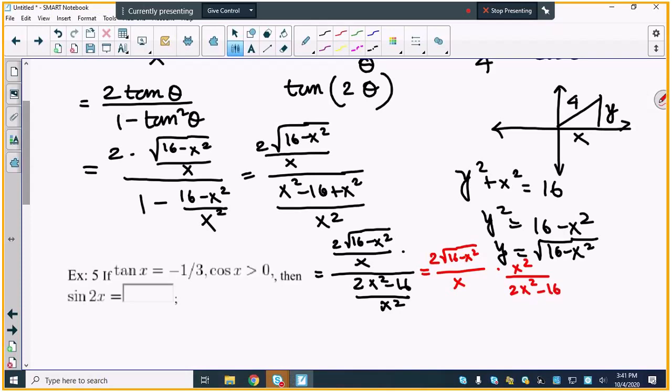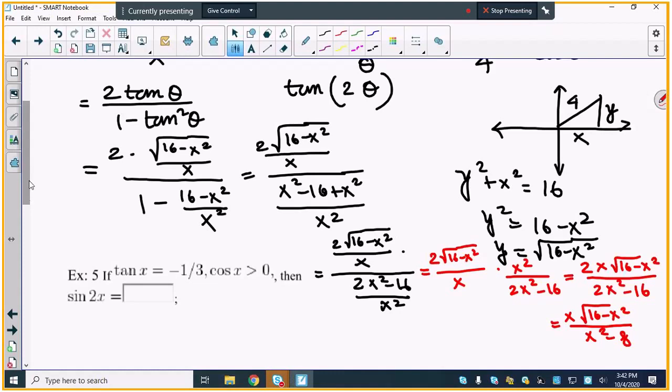So the only cancellation is between x and x squared, and when I do so, I get 2 times x times square root of 16 minus x squared all over 2x squared minus 16. So I see that I can now cancel 2 from top and bottom, and that answer should be x times square root of 16 minus x squared over x squared minus 8. And that should be the final answer to my question.